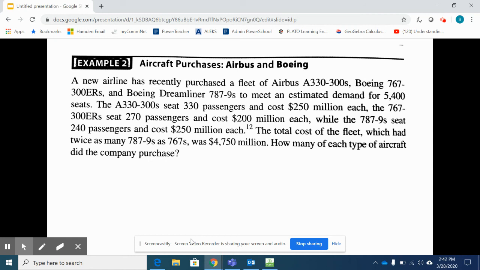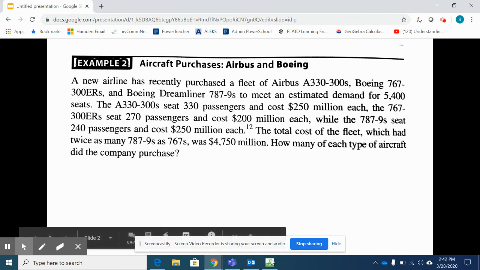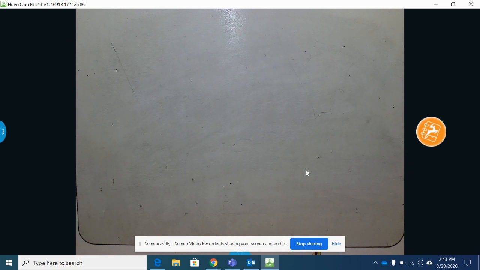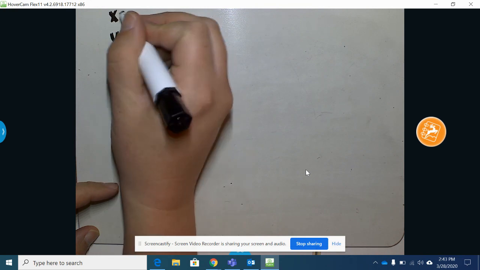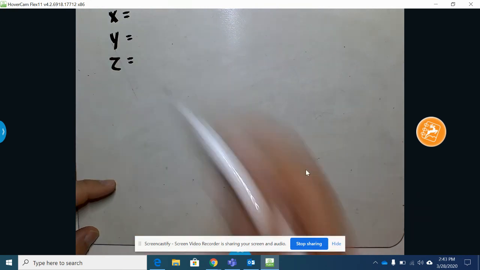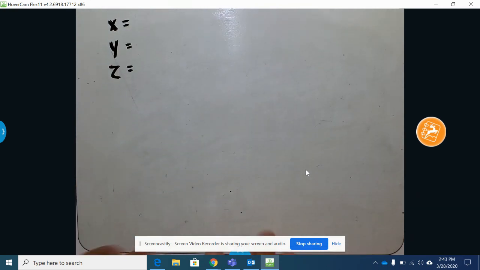We know that how many of each type of aircraft did the company purchase? That's what we're trying to figure out. So we have to go through and define our variables now. What does X represent? What does Y represent? And what does Z represent? Okay, we're going to have 3 unknowns here.